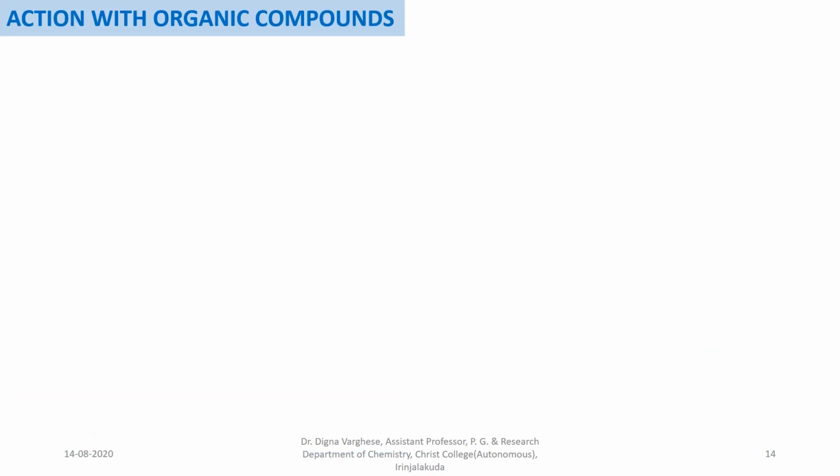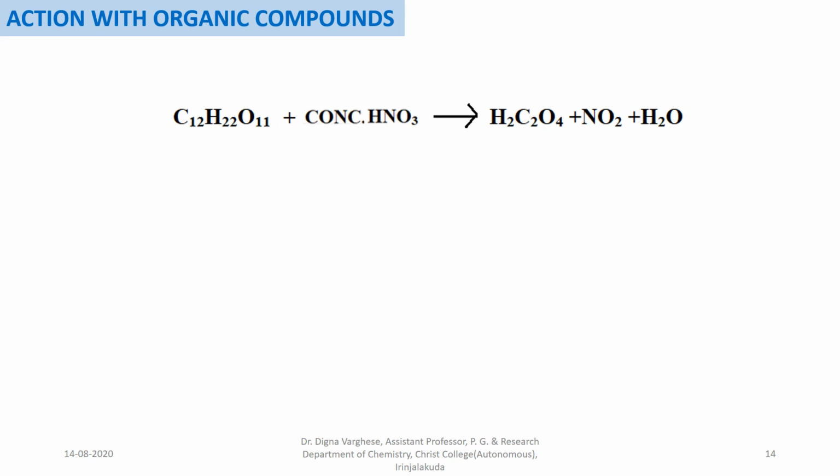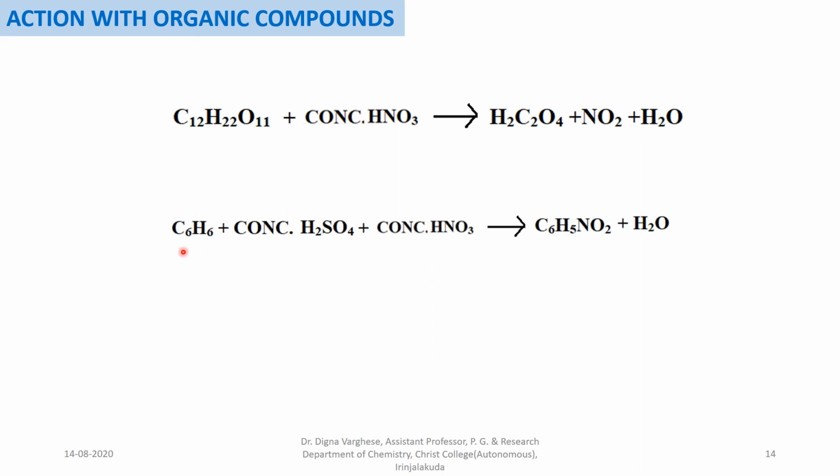Action with organic compounds. Nitric acid acts as an oxidizing and nitrating agent in its reactions with organic compounds. Here we can see some examples: concentrated nitric acid reacts with sucrose, which is converted to oxalic acid, nitrogen dioxide and water. Another reaction is with benzene, which reacts with concentrated sulfuric acid and concentrated nitric acid.